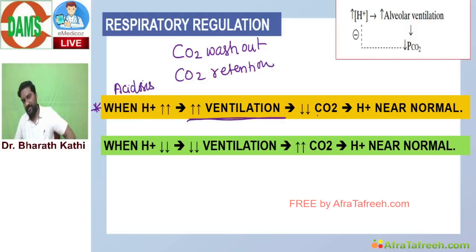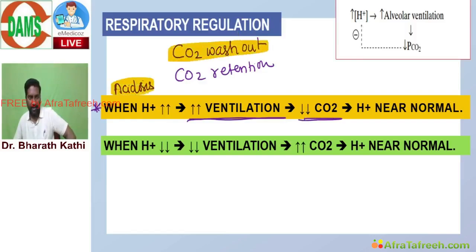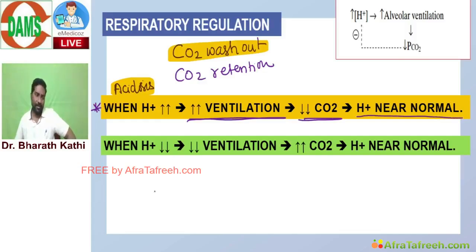Whenever the ventilation is stimulated, there will be CO2 washout. So when there is an acidosis, ventilation will be stimulated. CO2 is an acid-like substance. Because CO2 is washed out, H plus in your body will come back to near normal.